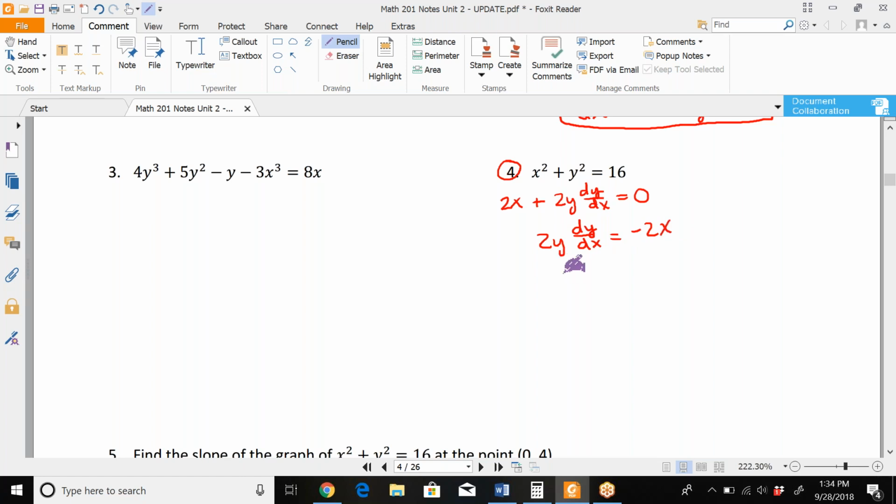And then we divide both sides by 2y. So that's going to be negative 2x divided by 2y, and you can reduce that. So that's going to be dy dx equals negative x over y.